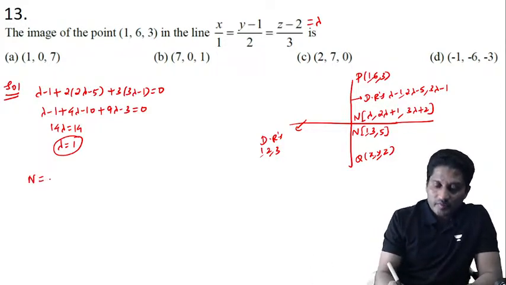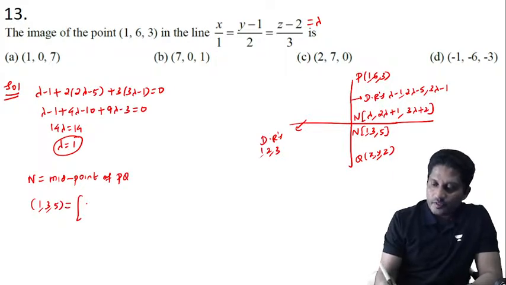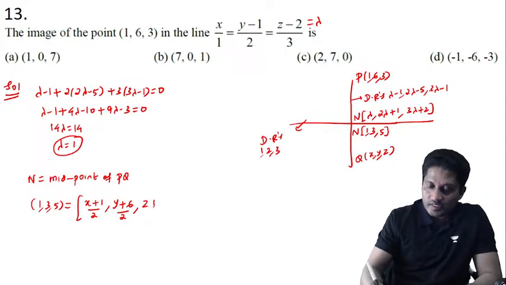Now N is equal to midpoint of PQ. Okay, N will be equal to 1 comma 3 comma 5 and midpoint of PQ will be equal to x plus 1 divided by 2, y plus 6 divided by 2, then z plus 3 divided by 2.